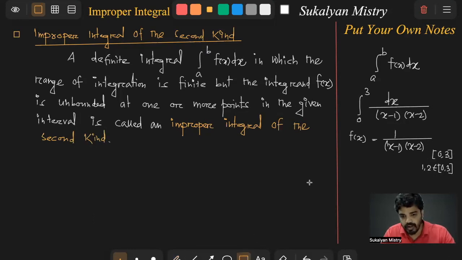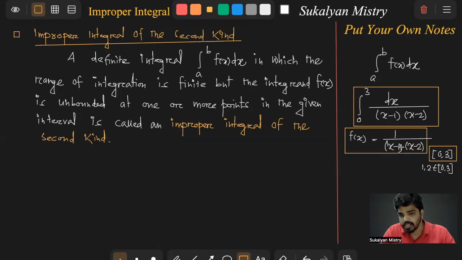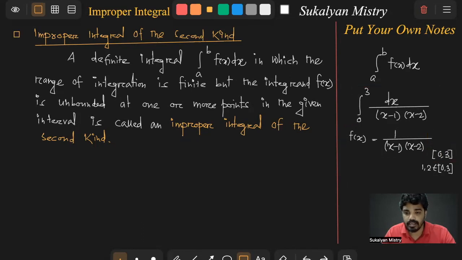What is the interval here for this example? Integration 0 to 3 dx by (x minus 1) into (x minus 2). This function f(x) is undefined at x is equal to 1 and x is equal to 2, and these points belong to this interval. So this is an improper integral of the second kind.